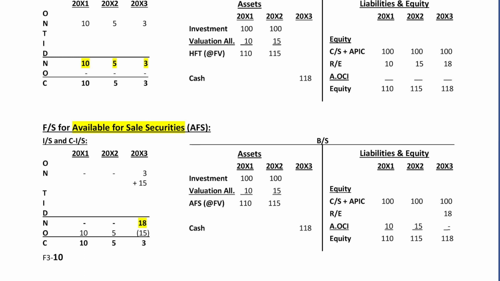The $5 of gain in year 2, again OCI, accumulated OCI. In year 3, that $15 was reversed, draw an arrow from that negative 15 to the plus 15 and right there, reclassify when the gain is realized.